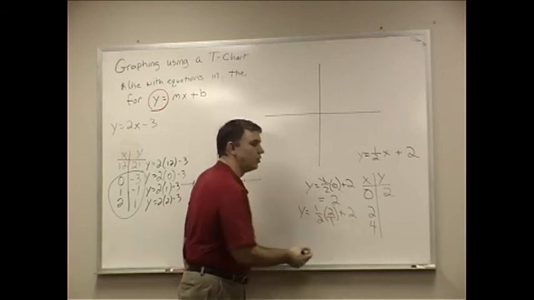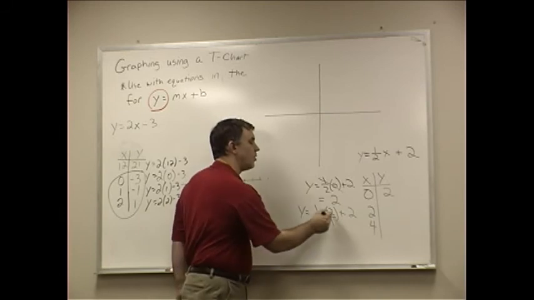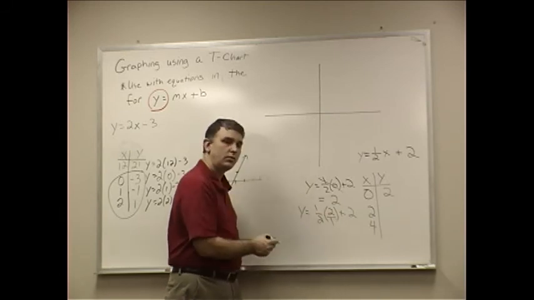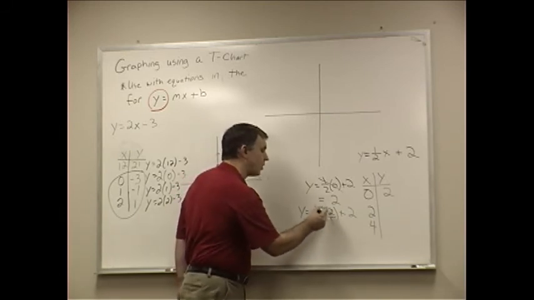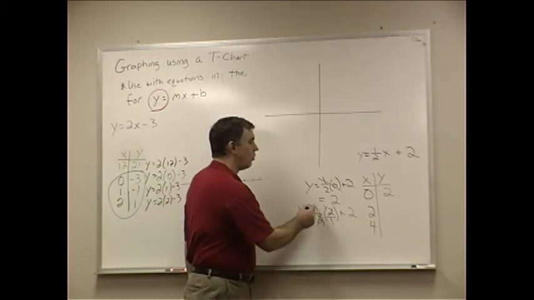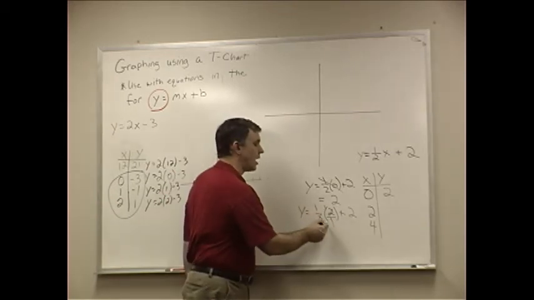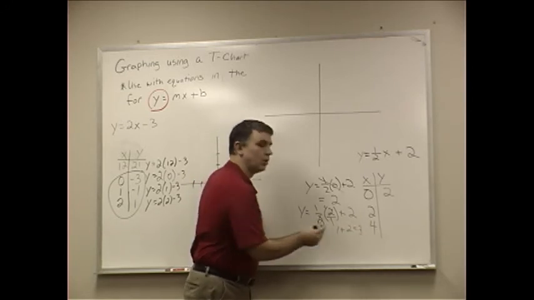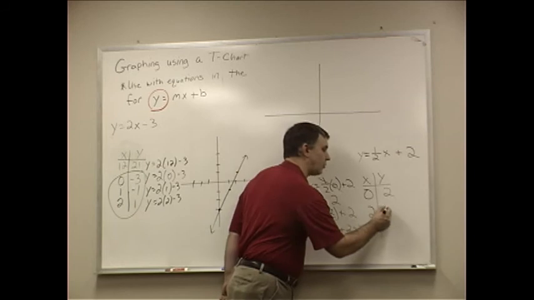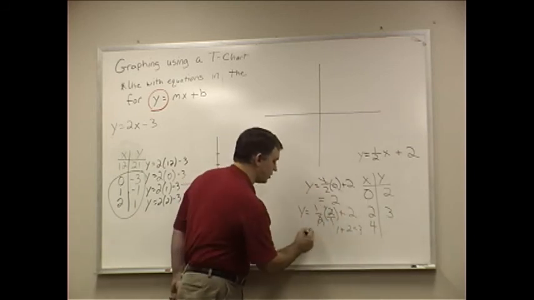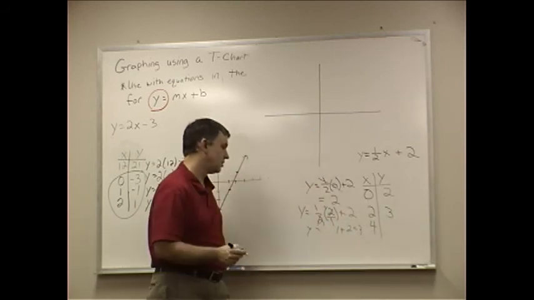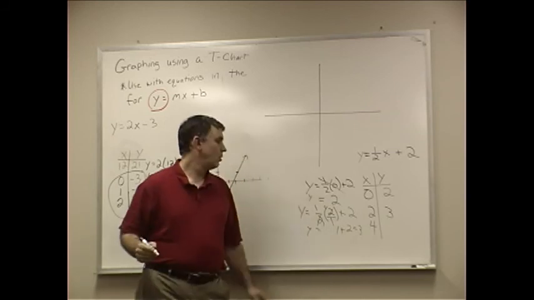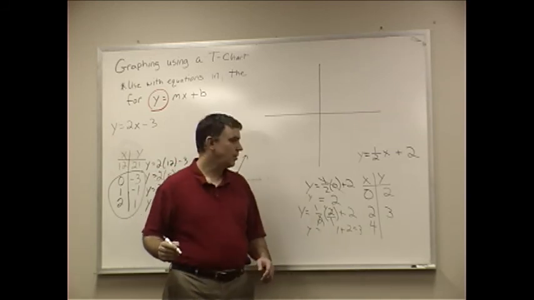So we put this 2 over 1, and yes, lo and behold, the 2's cancel, don't they? They both turn into 1's. 1 times 1 is 1, 1 times 1 is 1, 1 plus 2 equals 3. So my y value here is equal to 3.